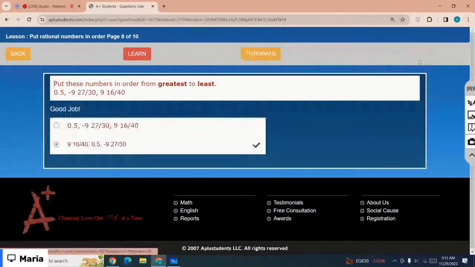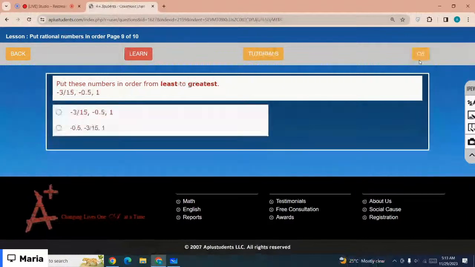Very good. Okay, put these numbers in order from least to greatest. Which option is the correct one? Yes, option number 2 is the correct option. Very good.